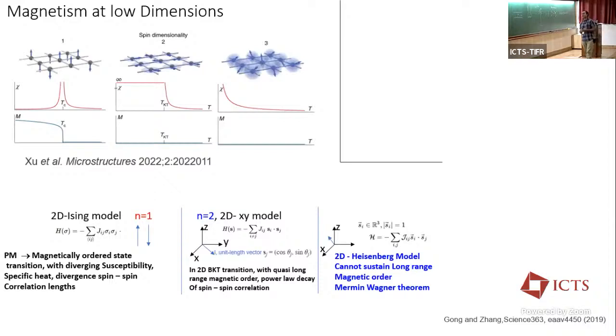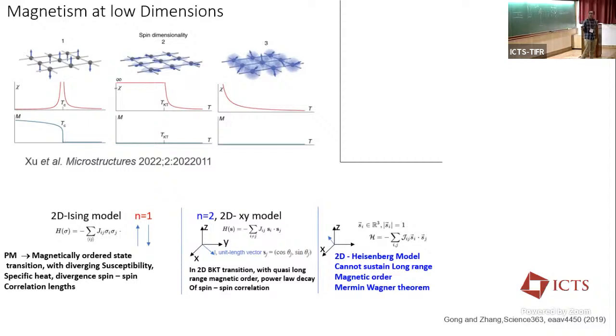Basically, I'll give you a brief introduction. It's not required for this audience, but consider magnetism at low dimensions. If you have a 2D Ising model, the exchange interactions allow for a nice phase transition inside the system. There is symmetry breaking, and you will see divergence of susceptibility, correlation length, and so on.